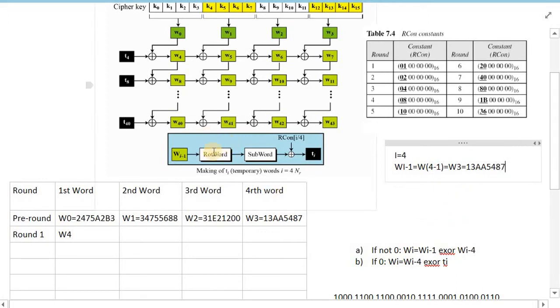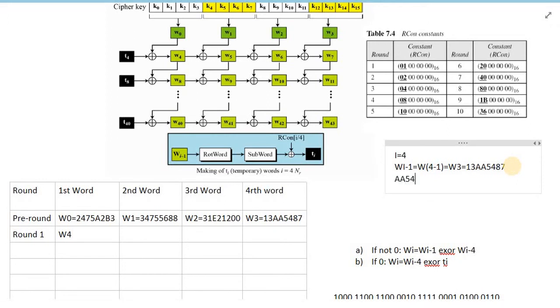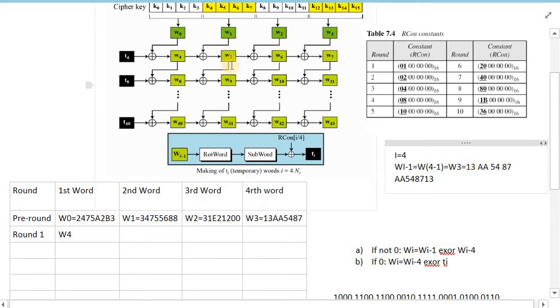Now what is the second task? In the second task I have to perform the rotation, meaning shifting. So after shifting it will be AA5487 and 13, because each will act as 1 byte. 13 is 1 byte, 54 is 1 byte, 87 is 1 byte, because each word is made up of 4 consecutive bytes.